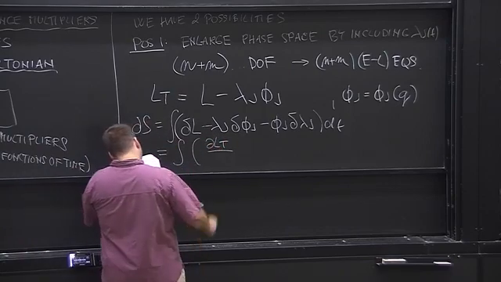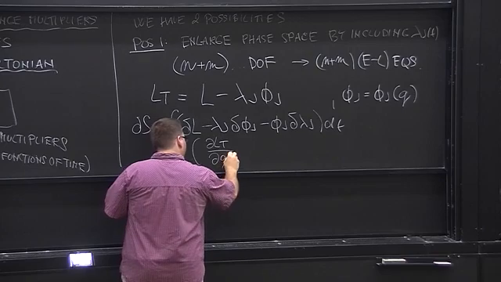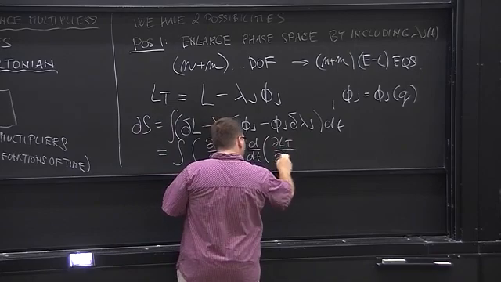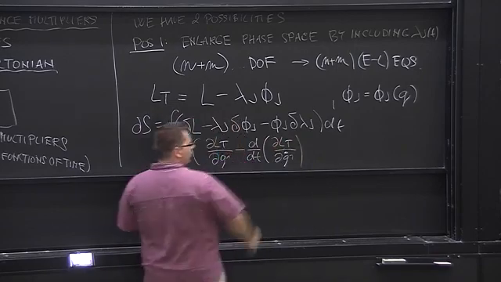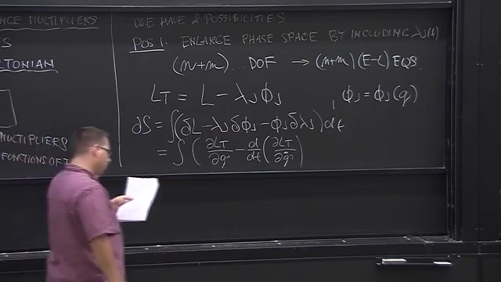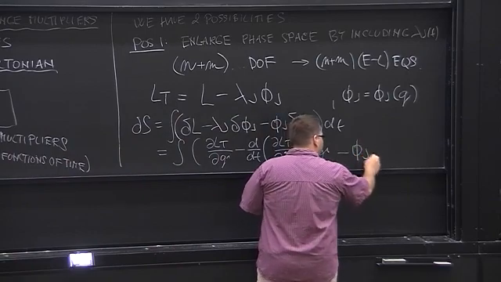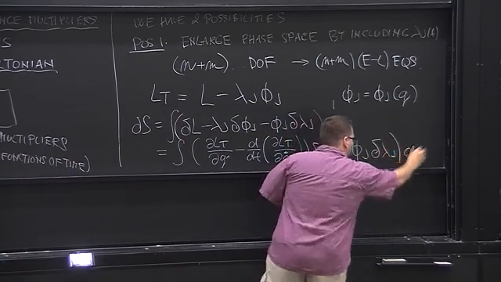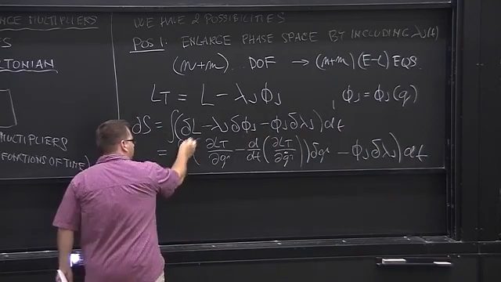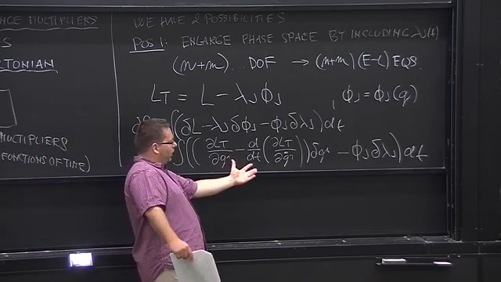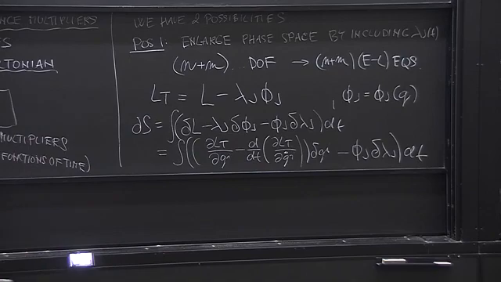So here I'm just treating the case where phi j is just a function of the coordinates, not of the velocities. So then you just rewrite this, and it's easy to convince you that this will be the case. You just take the total Lagrangian, dL total over dqi minus d over dt dL total over dqi dot. This, of course, doesn't do anything with the constraints because it doesn't depend on q dot, delta qi, and then minus phi j delta lambda j dt. And you want to set this equal to 0. So it's obvious that you are getting the standard Euler-Lagrange equations, but now with respect to the total Lagrangian.